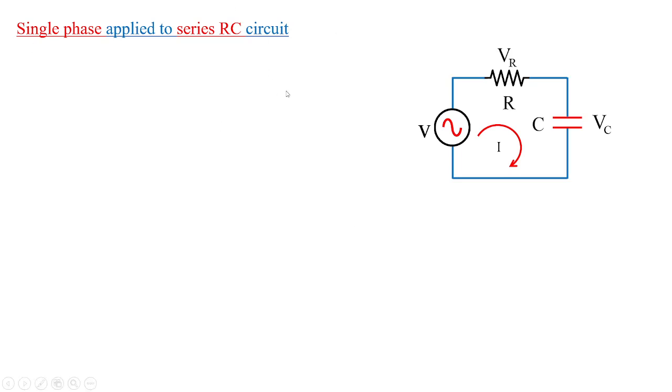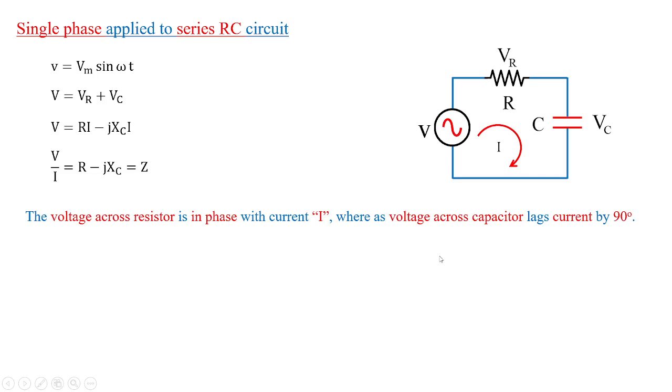Now come back to the RC circuit. Here we have an RC network connected in series, and when the current starts flowing, the developed resistance voltage and capacitance voltage are given by VR and VC respectively. The impedance will be equivalent to R minus jXC, and clearly here the voltage across the capacitor lags the current by 90 degrees.